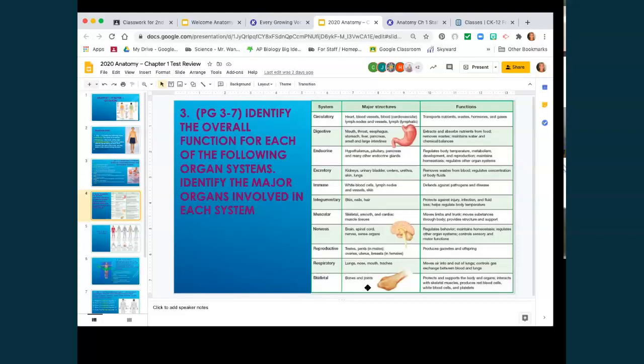Okay, so just the basics, because we're going to go through all of the specific functions and structures as we go through the year.